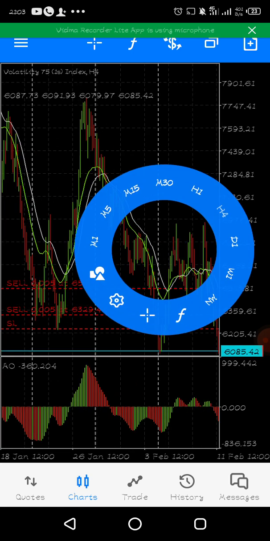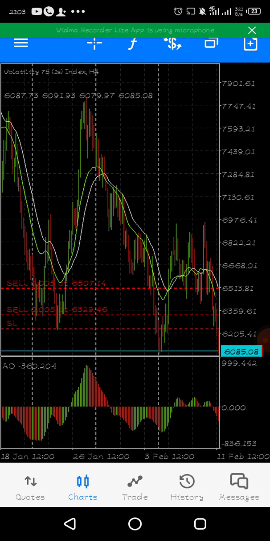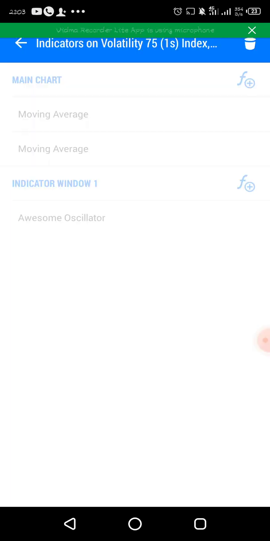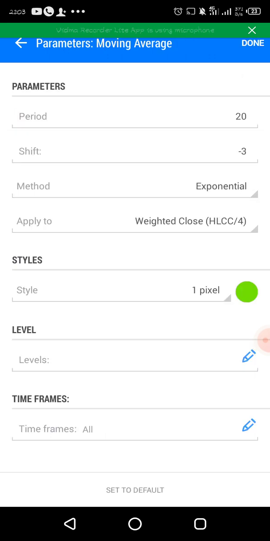So, let's check it out. I'm going to give you the settings now, and I believe you will enjoy the settings. Press the F icon, then voila, these are the settings for it. On the first indicator, we have the period 20, shift minus 3, exponential, and I'm applying it to weighted close.